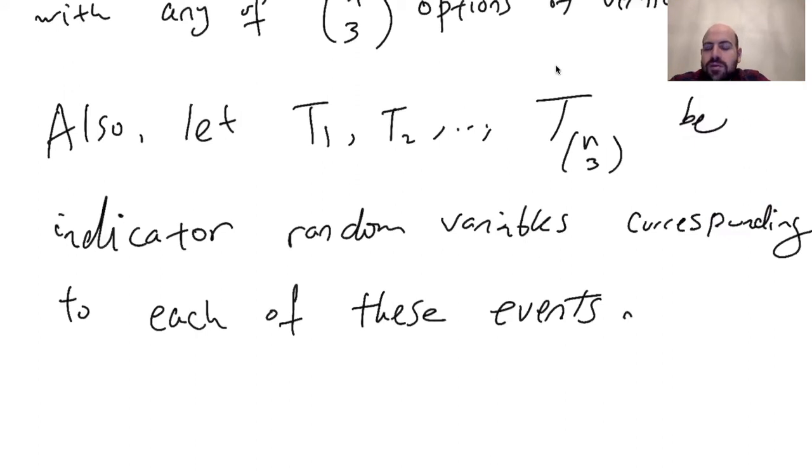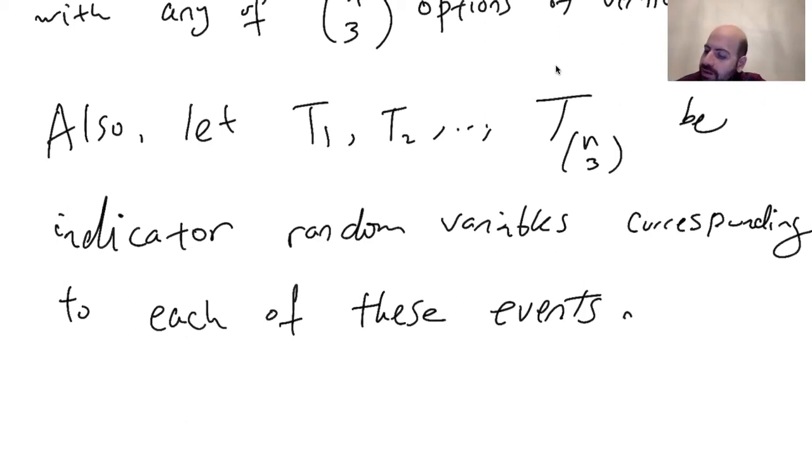Whenever we have an event, we can consider an indicator random variable corresponding to that event. And again, as we said last time, remember that an indicator random variable is defined as follows: if the event is A and the indicator random variable is X, X of s is defined to be 0 if s does not belong to A, and defined to be 1 if s belongs to A.